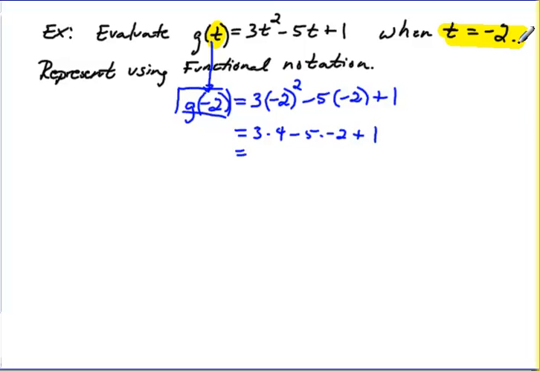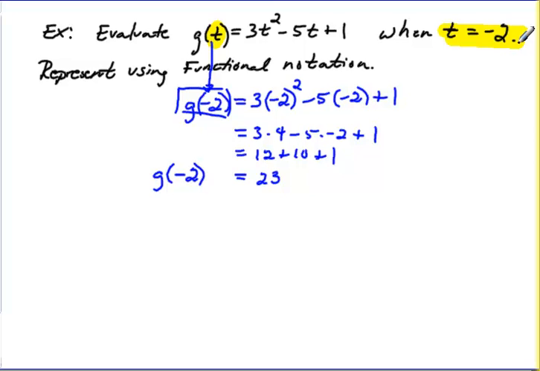Order of ops, 3 times 4 gives me, what's a negative 5 times a negative 2? Now what? 23? Oh, so my function g, when negative 2 is used as my input, is equal to 23. That's my answer.